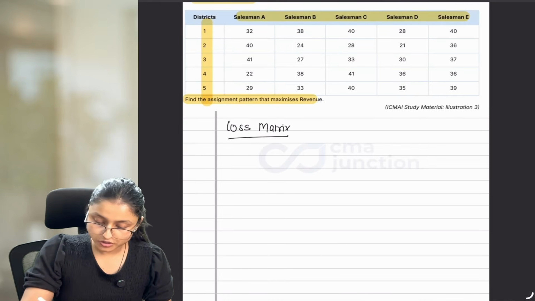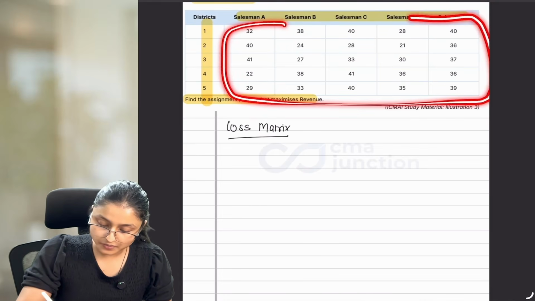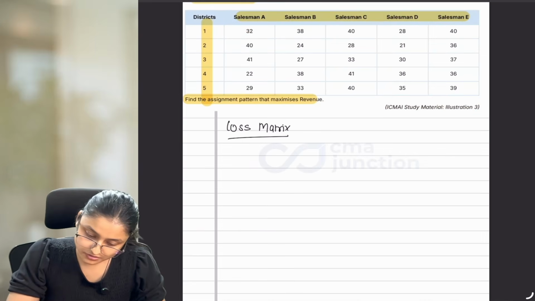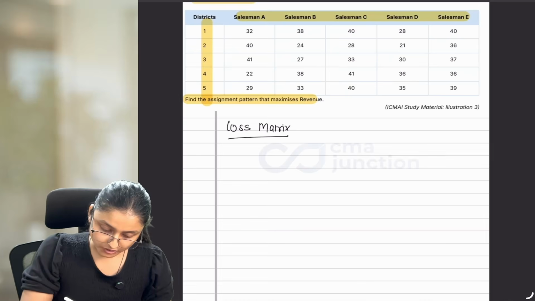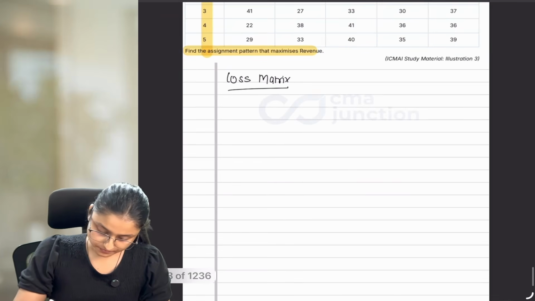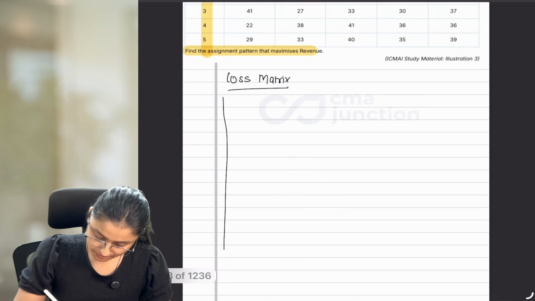For the loss matrix, you need to find the highest value in your table. So the highest value, I think 41 is there. So 41 is the highest value. Let's make the table.